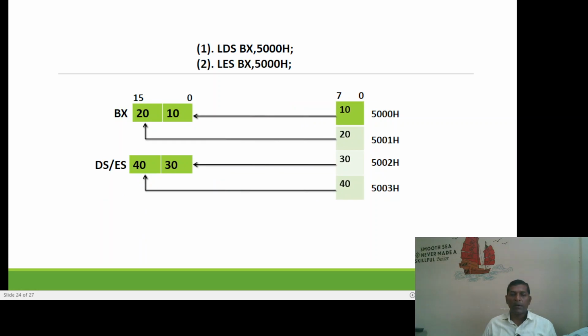With this example, we can understand that for the address provided, 5000, the contents at this particular location will be copied into BX, whereas the next contents will be loaded into DS or ES, whichever register we use in the instruction.